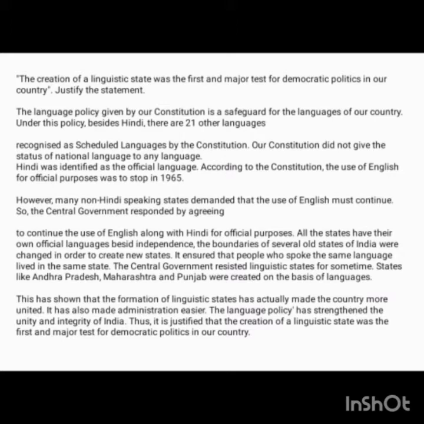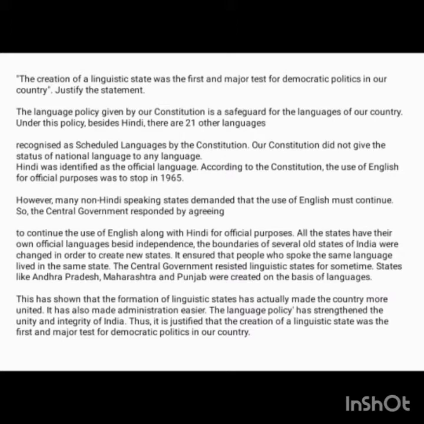First, the language policy given by our Constitution is a safeguard for the languages of our country. So the first and foremost important point is that the Constitution itself safeguards the languages of our country. As I have already mentioned, besides Hindi, 21 regional languages have been recognized by our Constitution.